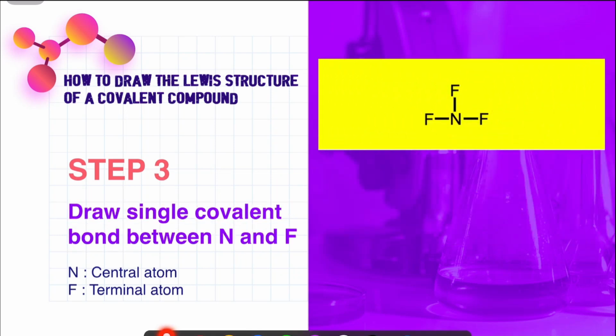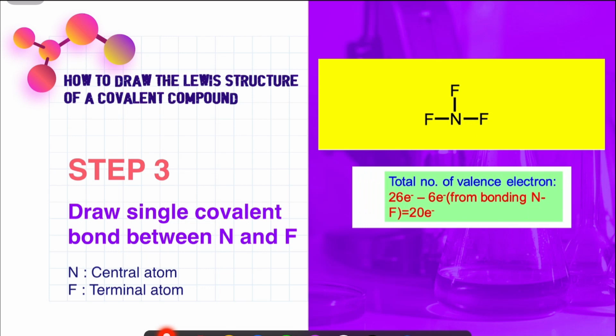In step 3, you have to draw a single covalent bond between nitrogen and fluorine. Then you count the total number of valence electrons remaining for this compound. Now when you complete the 3 covalent bonds, the 26 electrons, which you already calculated in step 1, minus 6 electrons.